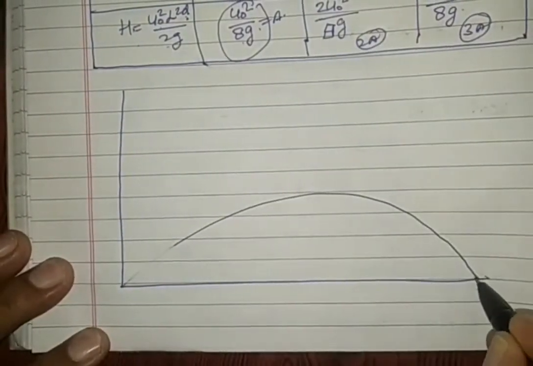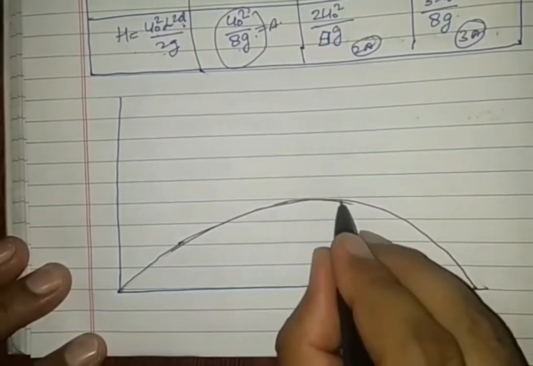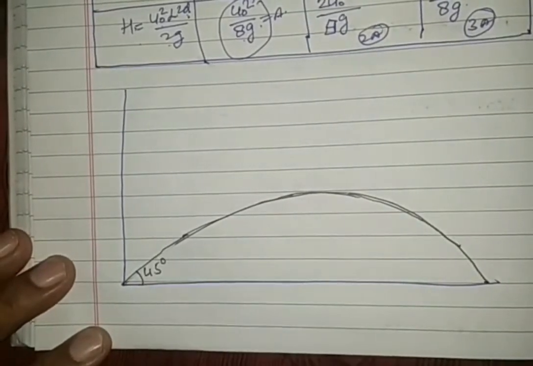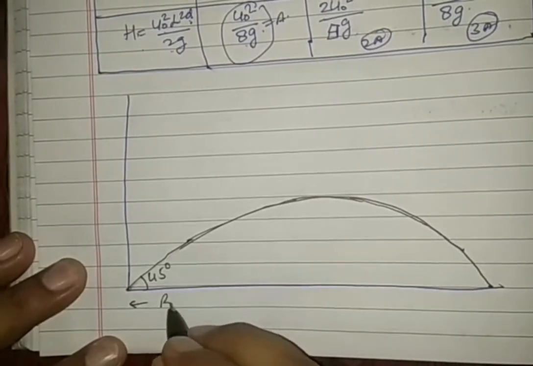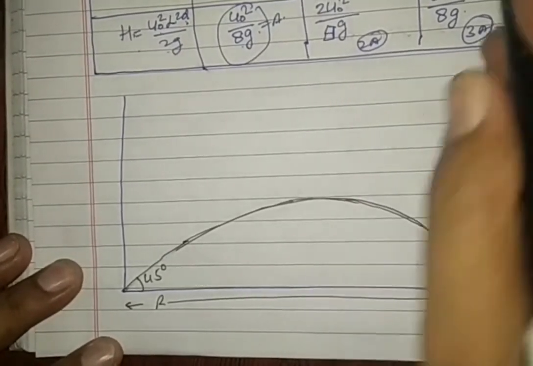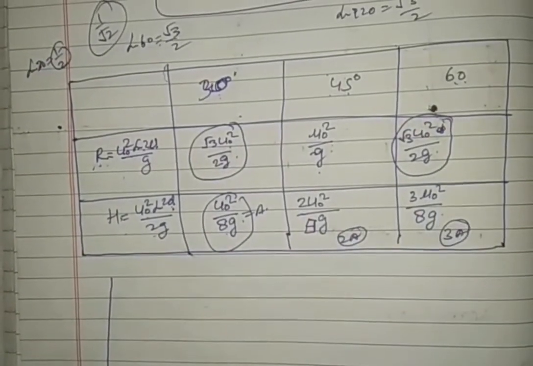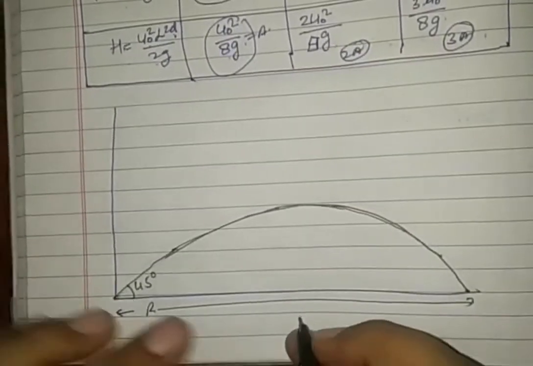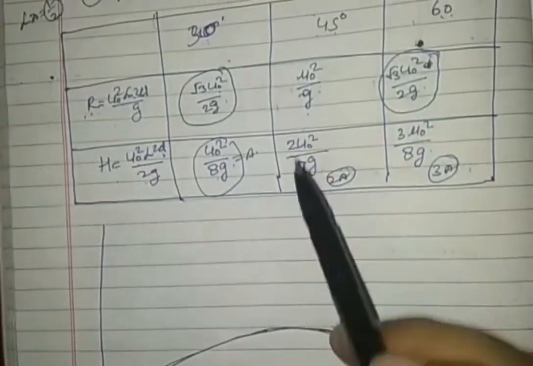Suppose a projectile is thrown here by making an angle of 45 degree with it and obtains this range. Is it clear? This range obtained in the case of 45 is u naught square by g.